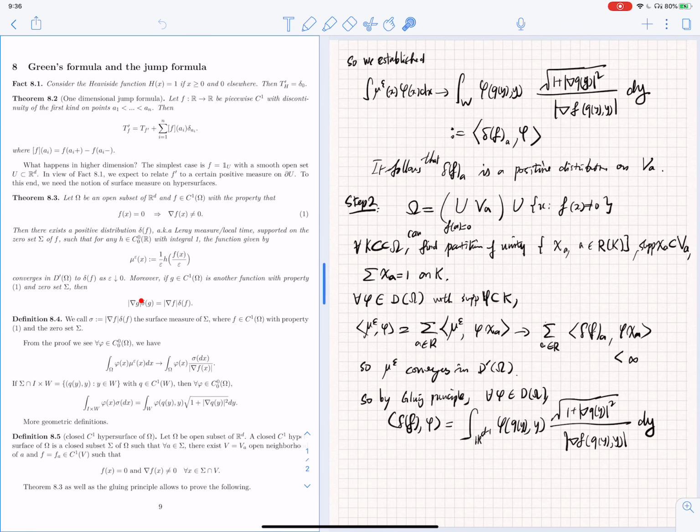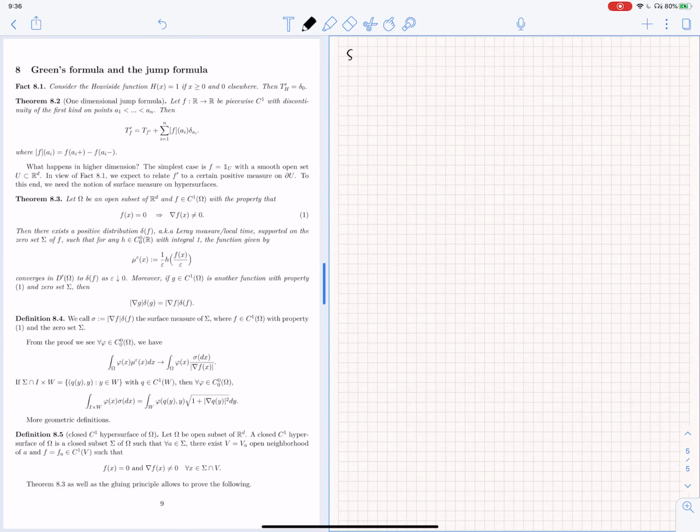The final claim says this: if we have another C1 function with the same zero set, which is also sigma, and the property that its gradient does not vanish on the zero set, then the product of the Euclidean norm of gradient G times delta G is equal to the Euclidean norm of gradient F times delta F. The final step is to show this claim.